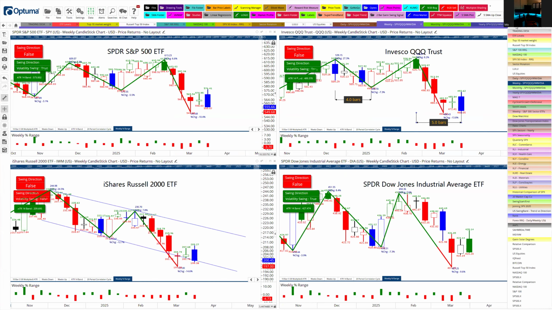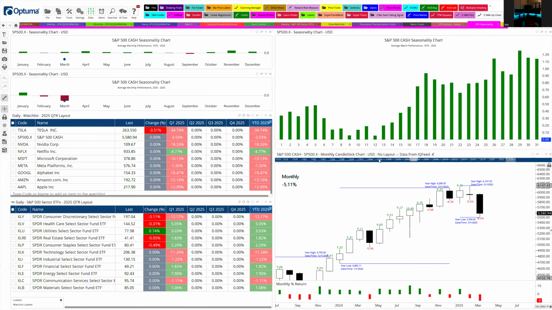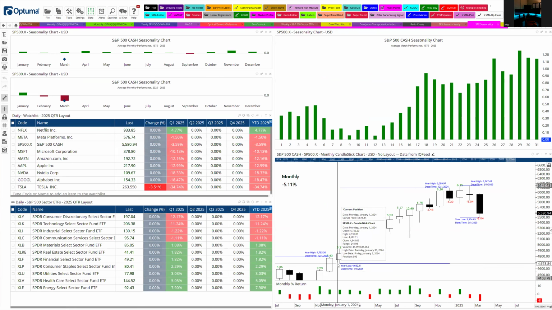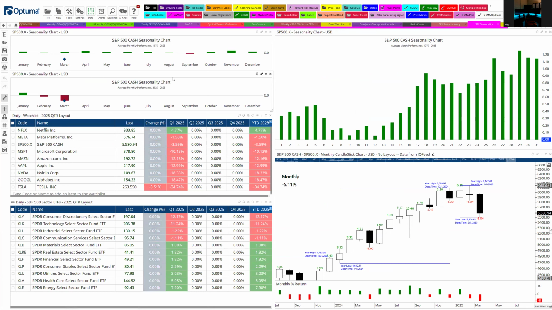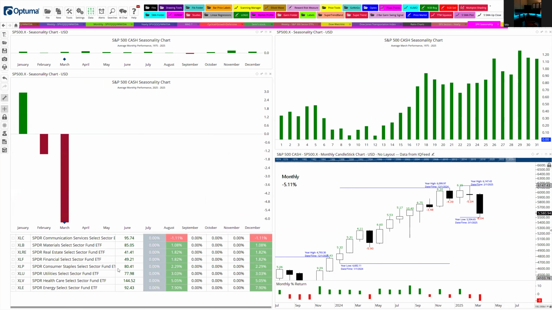Okay, so if we go back here to seasonality, what do we see? This is March. That was January, and we're just down for 2 months. February was down and March was down. So we have a long time to go.